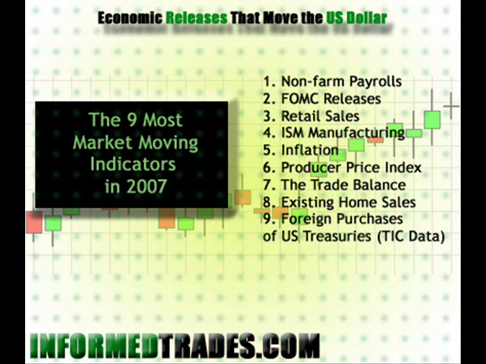For your reference, according to DailyFX.com, the most market-moving indicators for 2007 in order of importance were non-farm payrolls, followed by FOMC releases, followed by retail sales, followed by ISM manufacturing, followed by inflation, followed by the producer price index, followed by the trade balance, followed by existing home sales, and finally, foreign purchases of U.S. treasuries, otherwise known as TIC data.